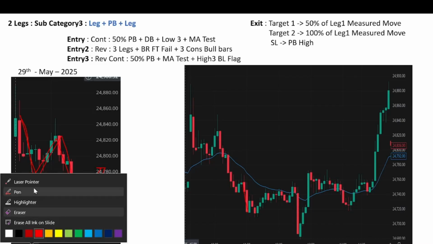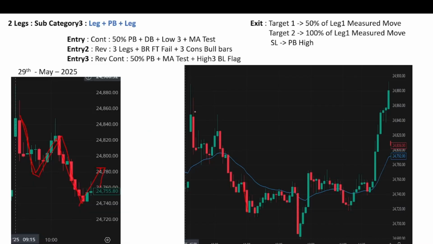For reversals, whenever the market completes 3 legs, we should be open for reversals: leg 1, leg 2, leg 3, and 2 consecutive very strong bull bars. You can enter here and make the points until here, and you can exit here when strong bear bars and disappointing bars are made, but you got the re-entry opportunity.